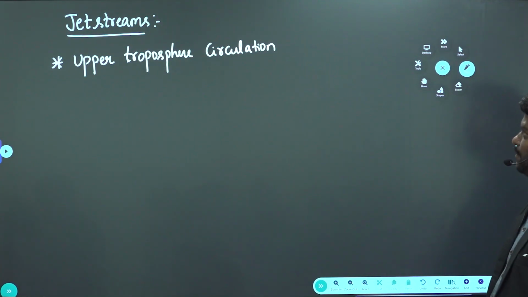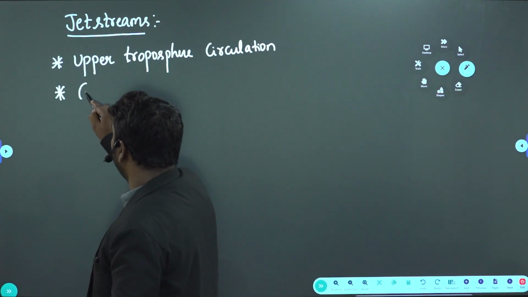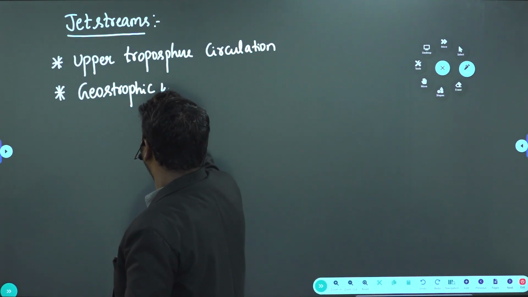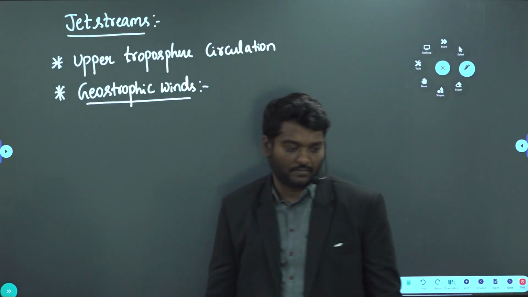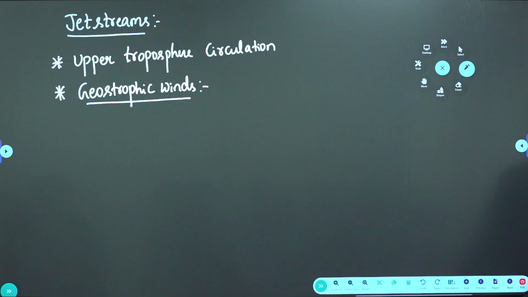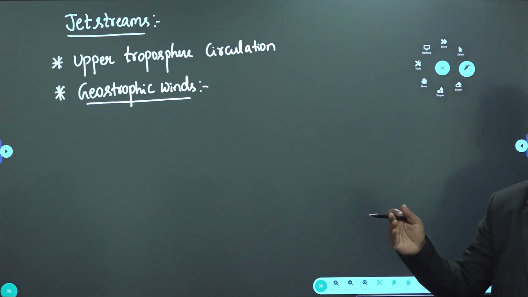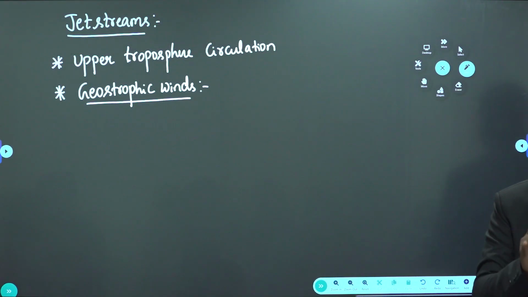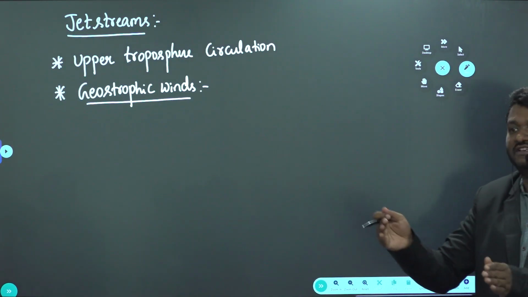Jet streams are upper troposphere circulation, and jet streams are an example of geostrophic winds. In geography, they'll take a topic, ask about it in detail for 4 or 5 years, and then shift to the next topic. So if you know the previous 2-3 years' questions and work on all the topics in detail, that helps you solve associated questions as well. So they keep on increasing the depth of the question.